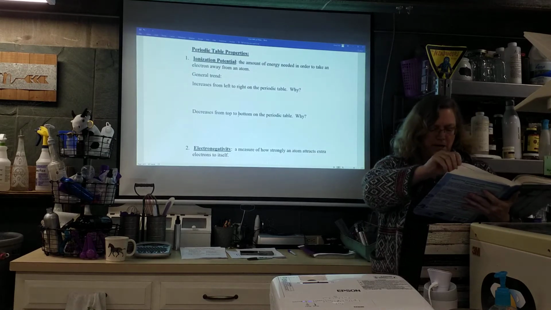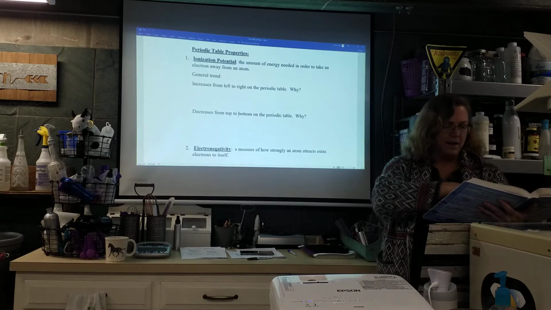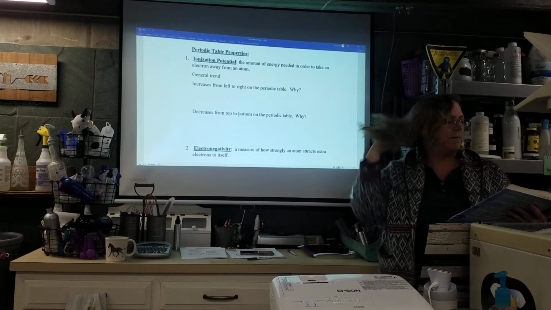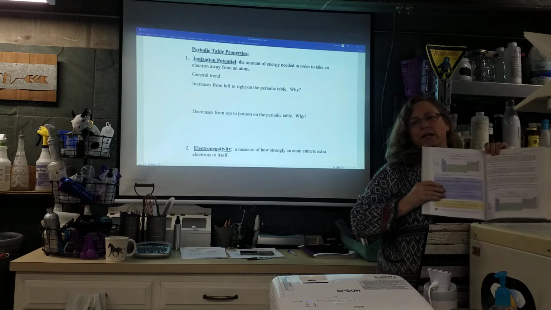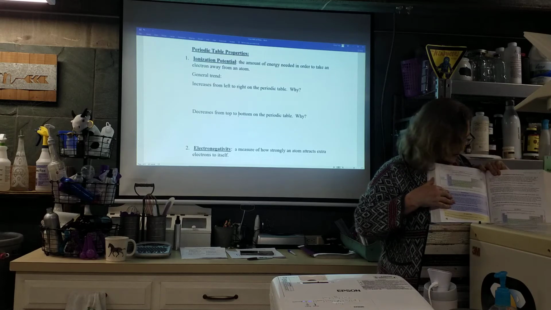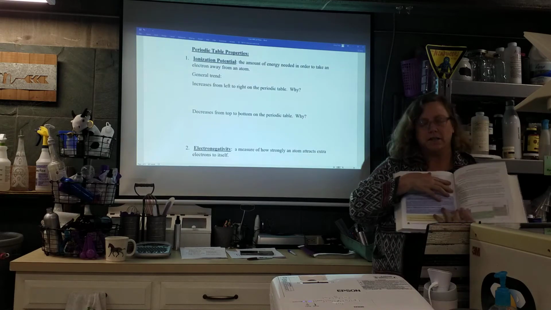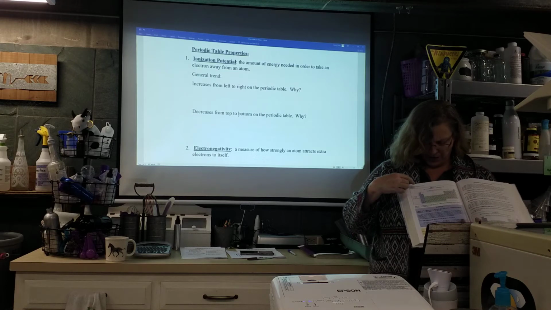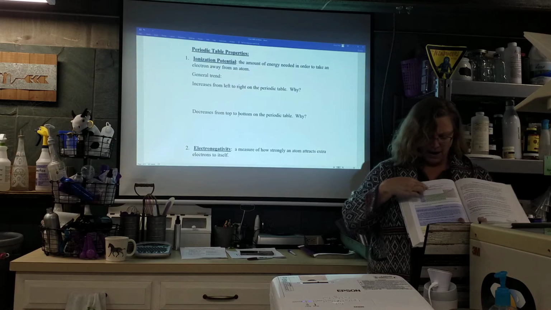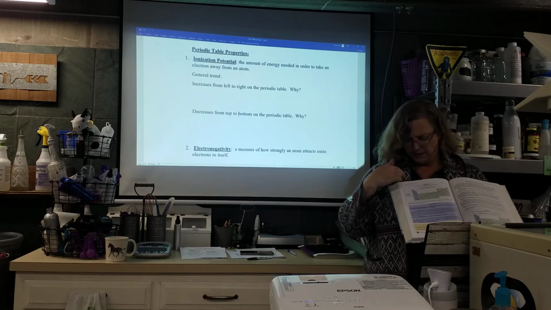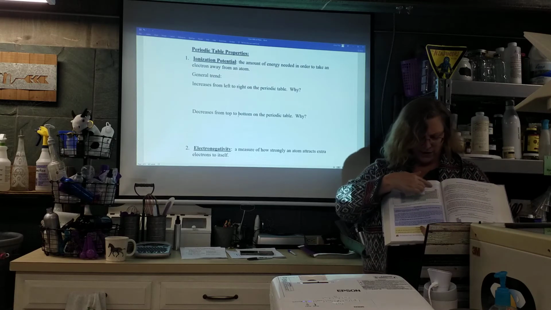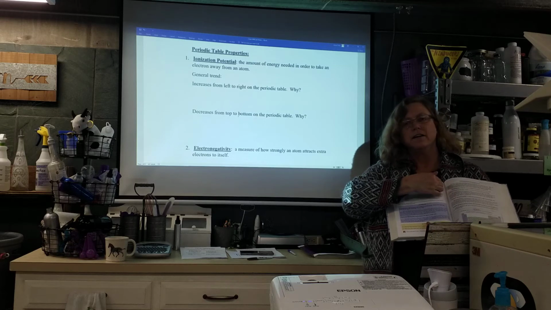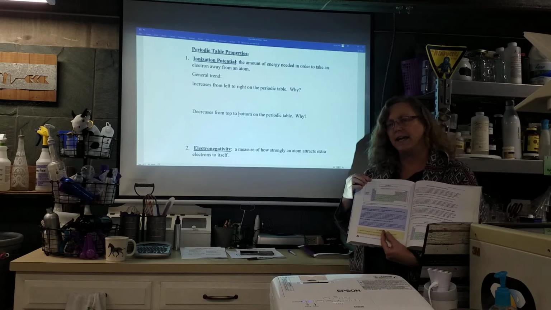I'm going to show you something that makes it easier for me to remember. Figure 8.1 in your book. I've just gone ahead and written in my book. He does increasing ionization potential this way and decreasing this way. I like to do increasing this way and increasing this way. It's saying the same thing, just saying it differently.